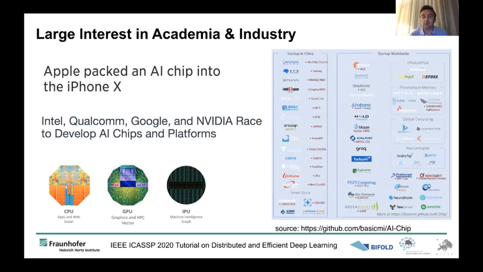There's a lot of work on designing special, dedicated hardware to execute things in a very energy efficient manner, or at high speed and low latency. So this is a separate topic, but it is of course connected to the topic of efficient deep learning.